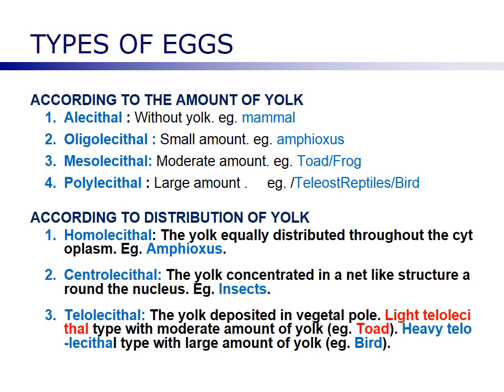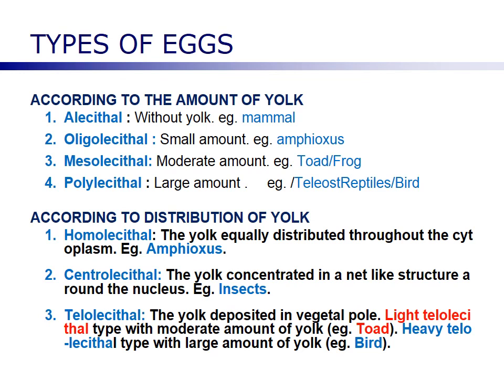We can also classify the egg according to the distribution of yolk. In this classification, there are homolecithal, centrolecithal, and telolecithal eggs. In homolecithal eggs, the yolk is equally distributed throughout the cytoplasm. In centrolecithal eggs, the yolk is concentrated in a net-like structure around the nucleus.